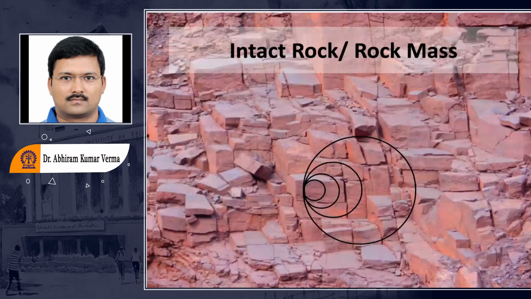The smallest element, which is devoid of any discontinuity or weak plane, we call intact rock. When the rock material consists of joints or discontinuities, we call it a rock mass. So rock material without any discontinuities we call intact rock, and rock with discontinuities we call a rock mass.